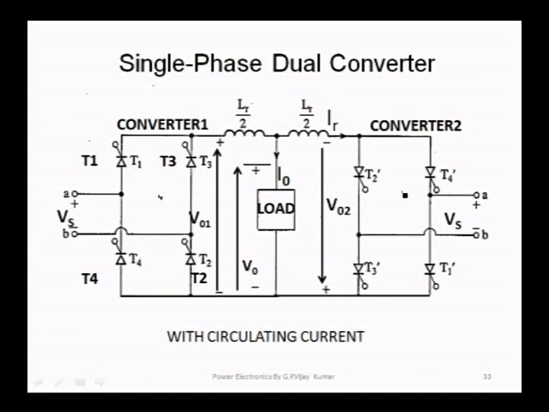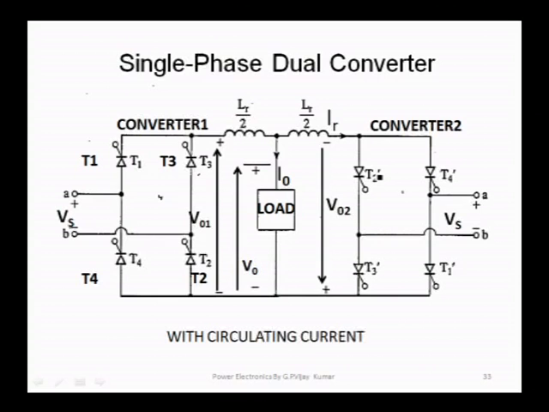See the direction in which the thyristors are connected, T1, T2, T3, T4. This is the positive converter, this may be negative. So, these are in anti-parallel with the direction of connection of T1, T2, T3, T4. So, we use a circulating current method.